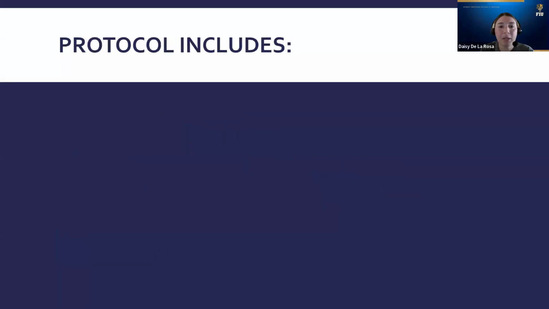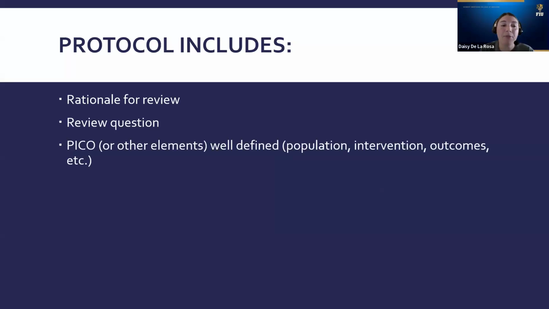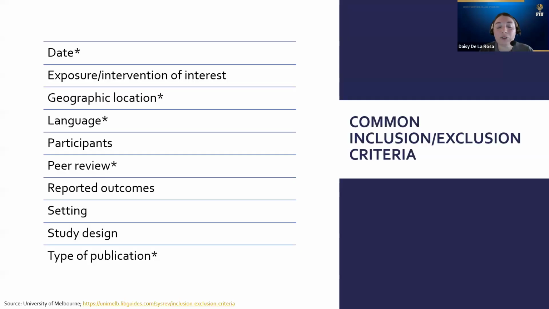So the protocol is going to include the rationale, or reason, for the review question, the question in PICO format or other elements depending on your framework, and that each element is well defined. Your inclusion exclusion criteria, some common inclusion exclusion criteria, are listed here.